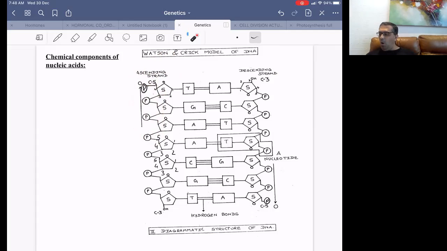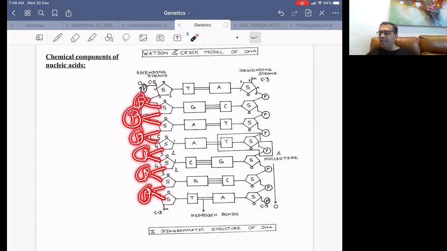Every bond is a phosphodiester bond, but at one end there is not a diester bond, there is a phosphoester bond.